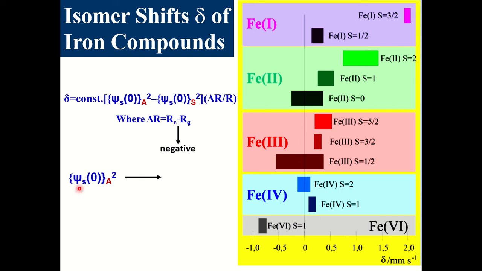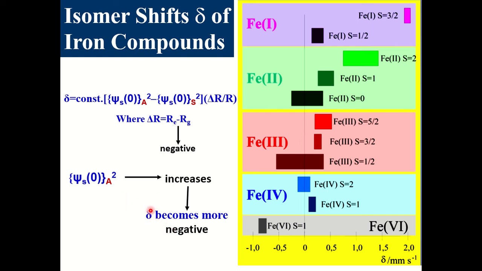So the factors that lead to an increase in the s electron density at the nucleus in the absorbing species will cause the isomer shift to become negative.